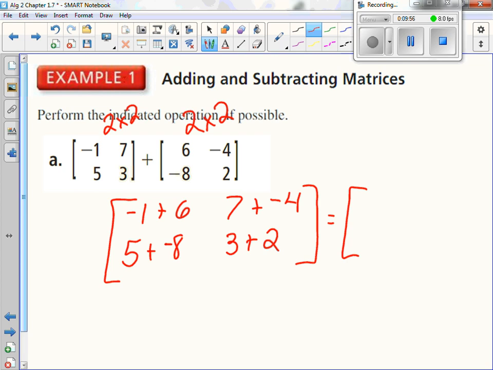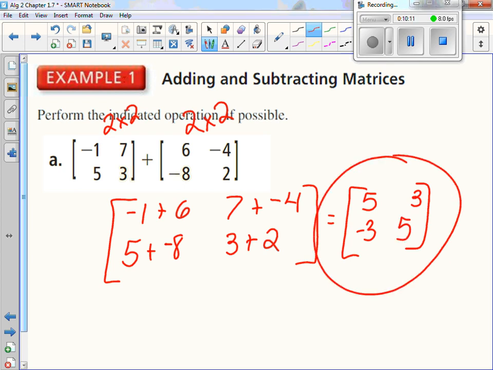So negative 1 plus 6 would give us 5. 7 plus negative 4 is? 5 plus negative 8 is? And 3 plus 2 is? We good? We getting there?